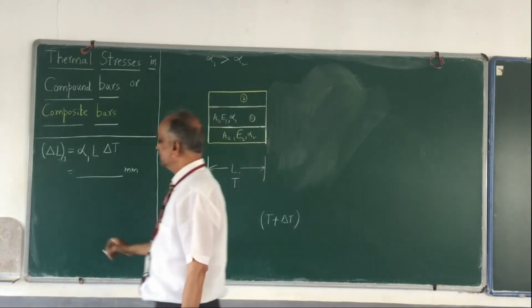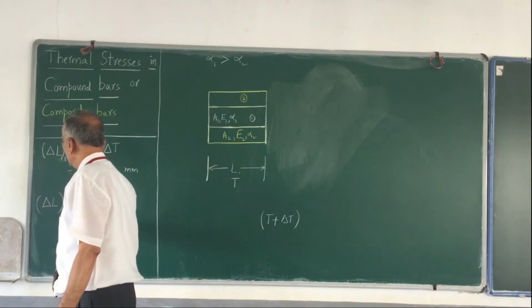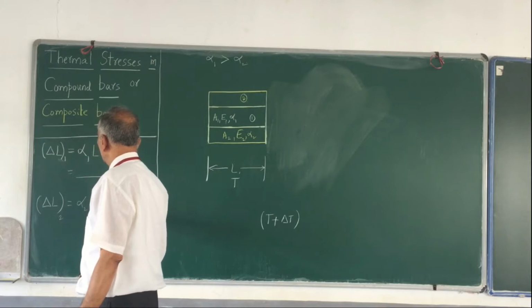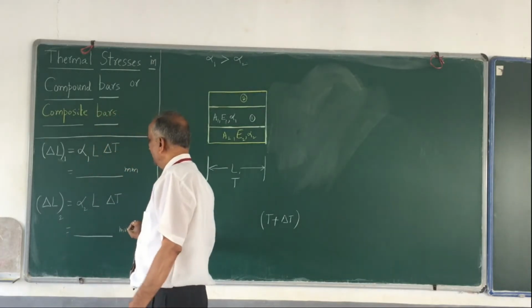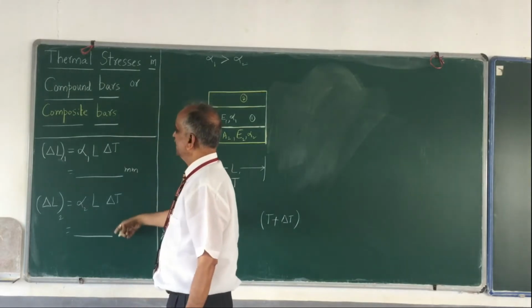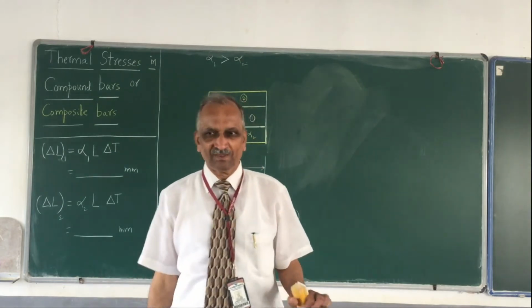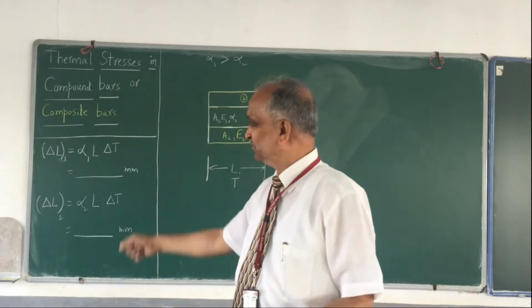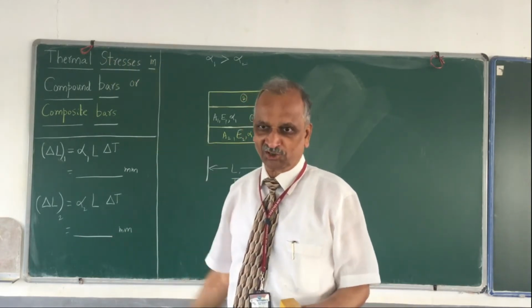So similarly when I calculate delta L of 2, alpha 2 into L into delta T, this also is in millimeters. Since alpha 1 is more than alpha 2, delta L1 is more than delta L2. They are more, but not much difference actually. We are talking about alpha 1, it is something into 10 raised to minus 6.